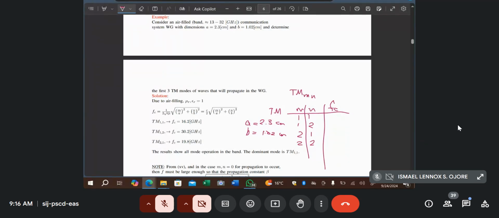That's all. Yes. TM11 is 16.1. You get 16.1 gigahertz. Okay, which is close to 16.2. Then 1, 2. 30.1 gigahertz.